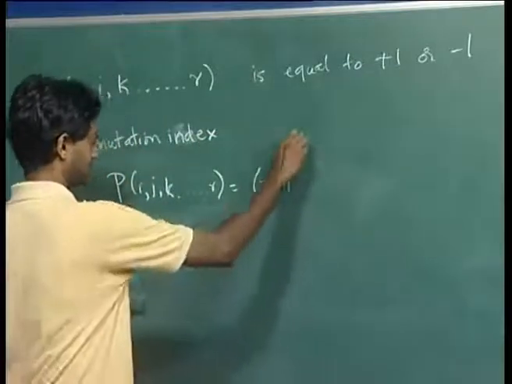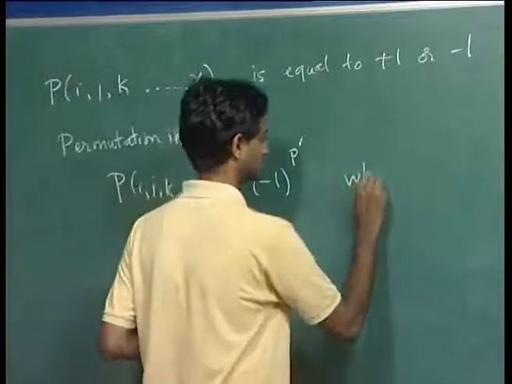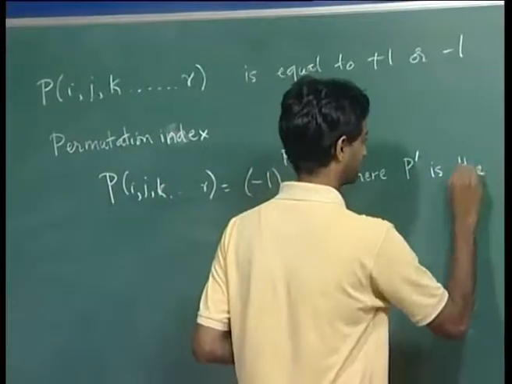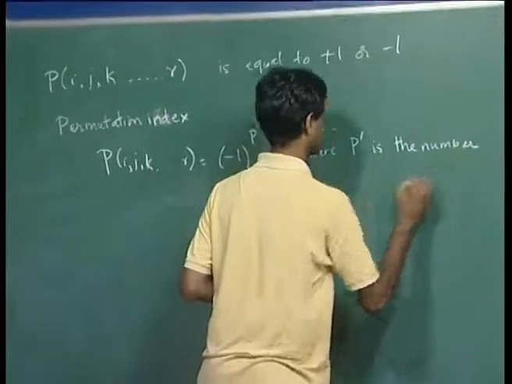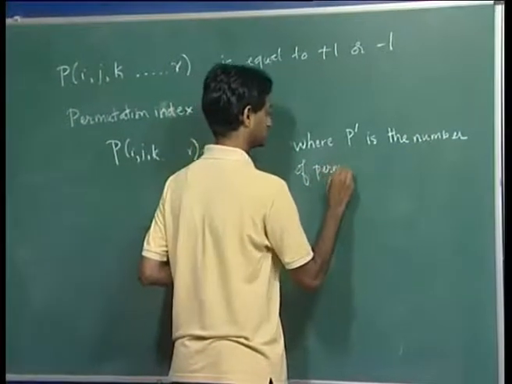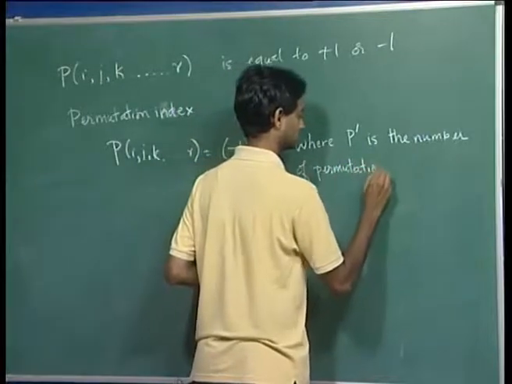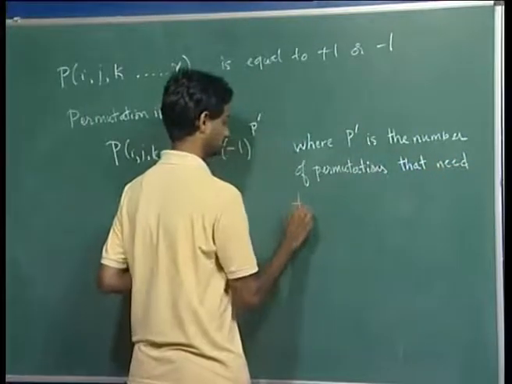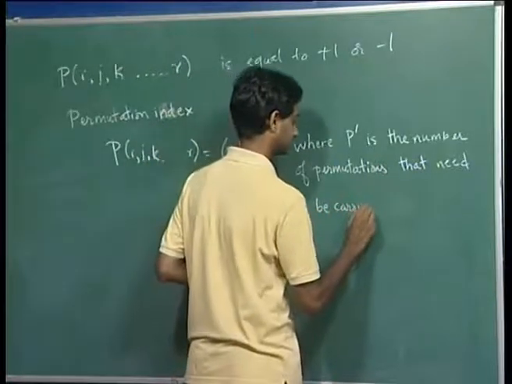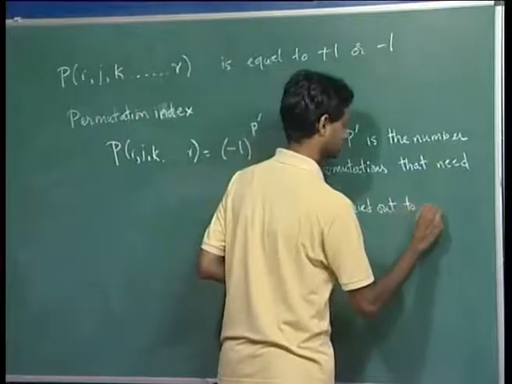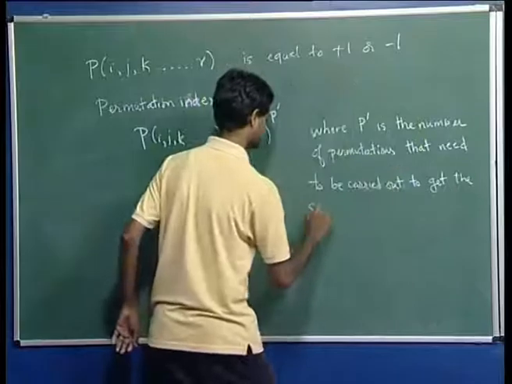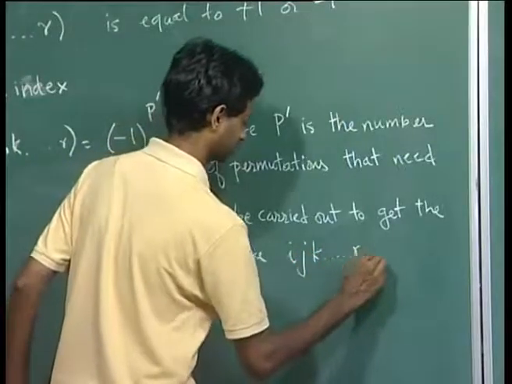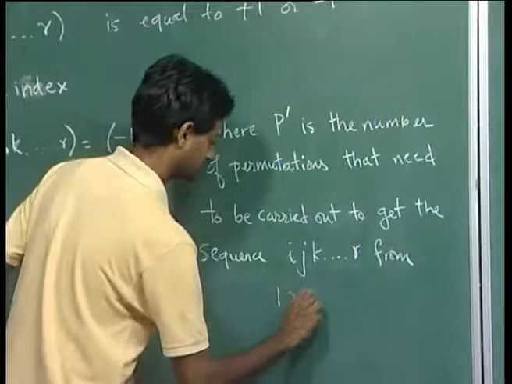I will call this p prime, where p prime is the number of permutations that need to be carried out to get the sequence i, j, k up to r from 1, 2, 3 to n.